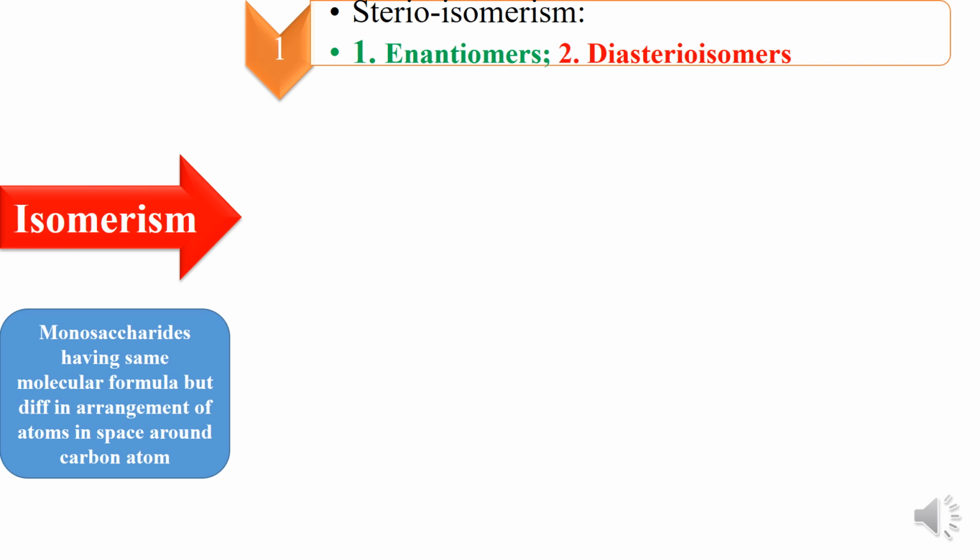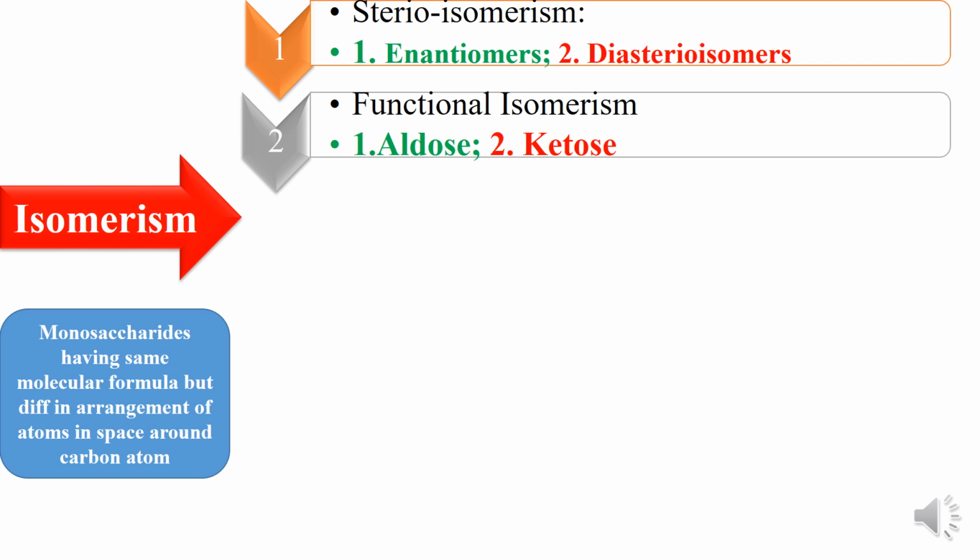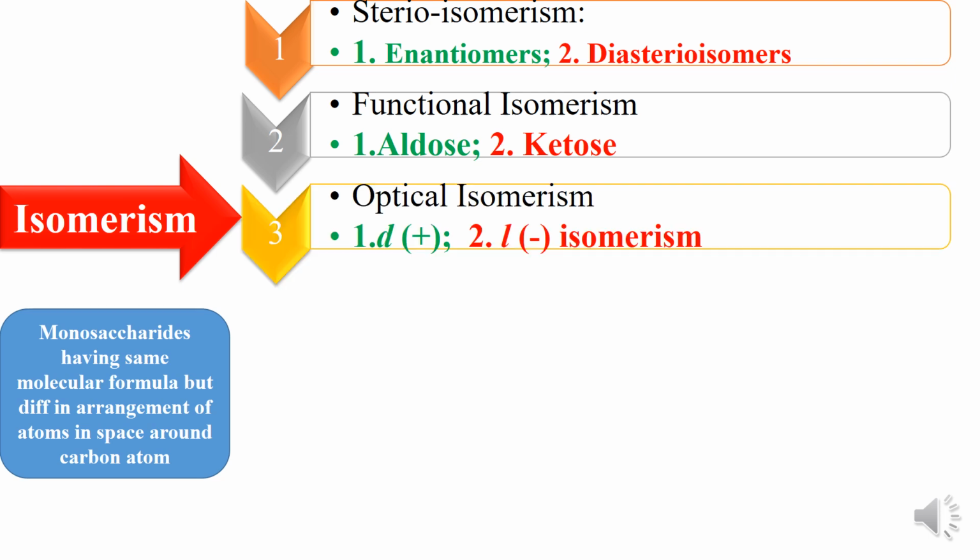Monosaccharides have the same molecular formula but differ in arrangement of atoms in space around the carbon atom. The different types are stereoisomerism, which is of two types, enantiomers and diastereoisomers, followed by functional isomers, which is again of two types, aldose and ketose, followed by optical isomerism, which is also of two types, that is the small d and small l isomerism.